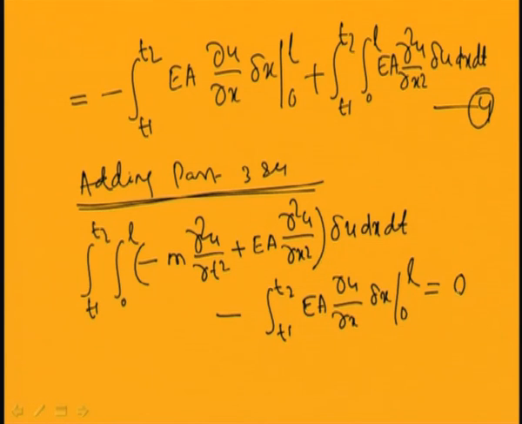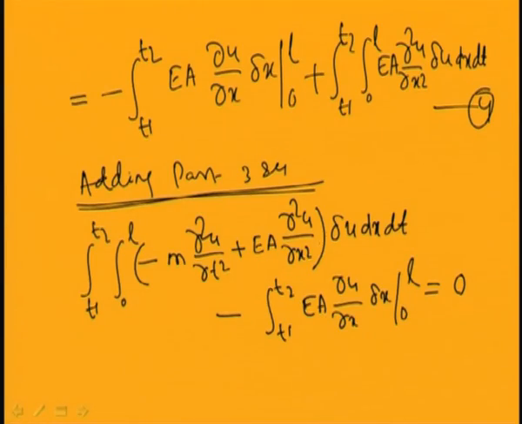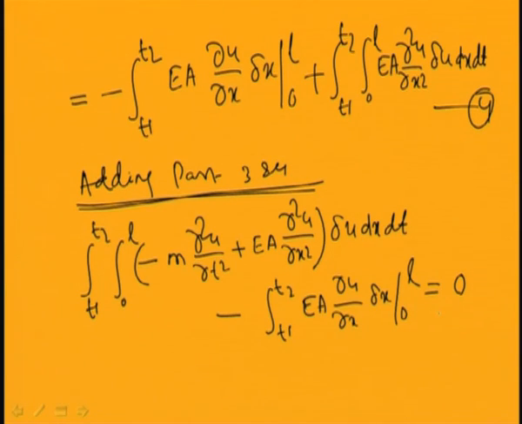So, applying Hamilton principle, we have found the equation reducing to this form. In this equation you can note that the first part plus the second part becomes equal to 0. So, individually they will be equal to 0. This part gives the boundary condition.